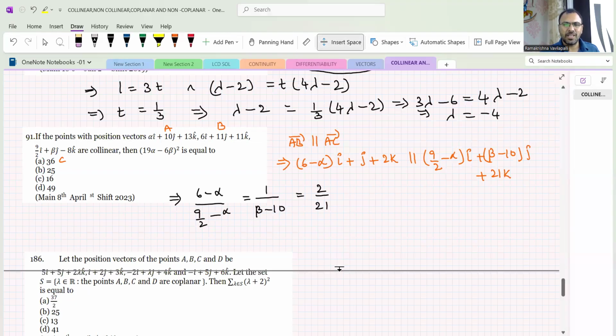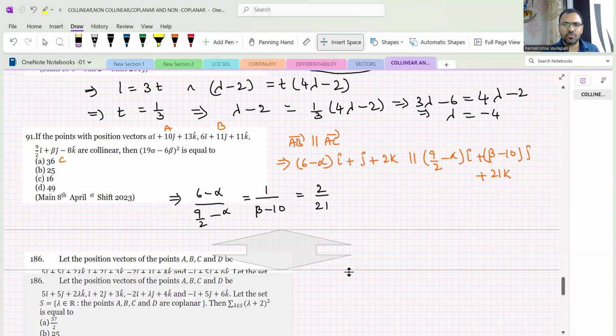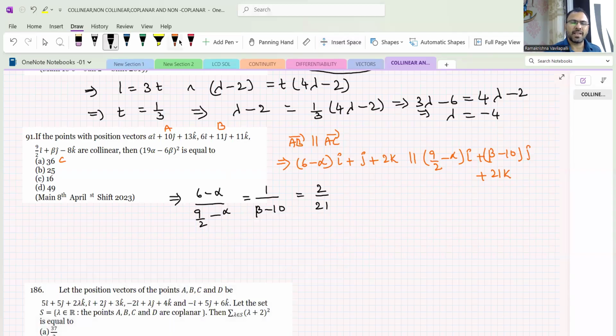Now it is easy. You just need to equate two ratios so that you will get the required values. Suppose, for example, equating these two, after cross multiplication you will get 21 equal to 2 beta minus 20, so 2 beta is equal to 41.